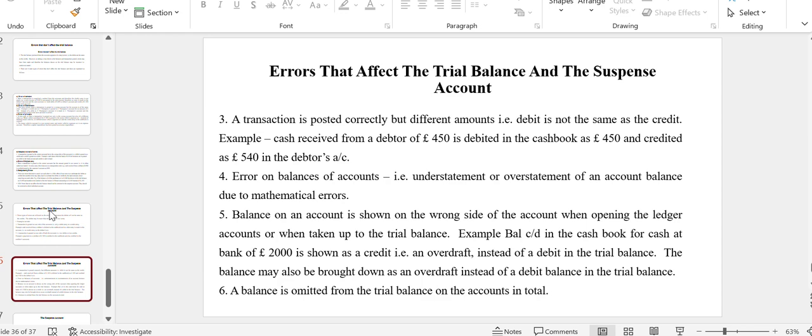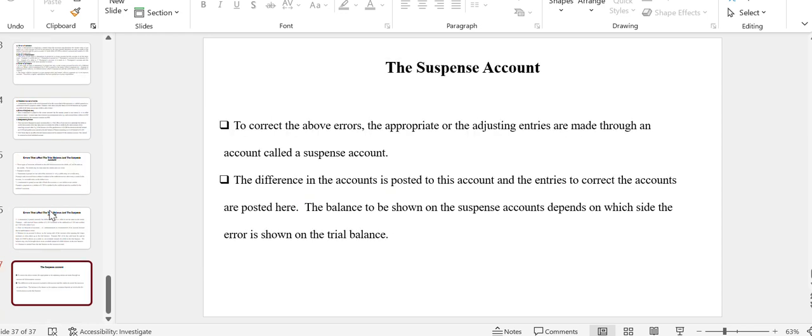So my friends, when you open a trial balance and the trial balance does not balance, you open an account called suspense account. The suspense account is going to help you trace where you've committed an error. Are you together? Yes.